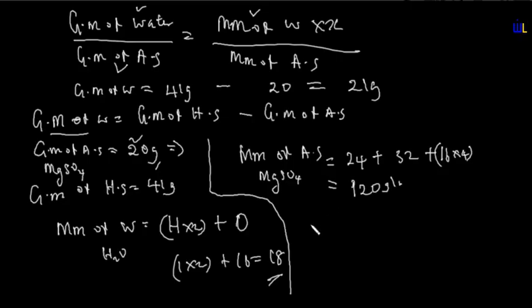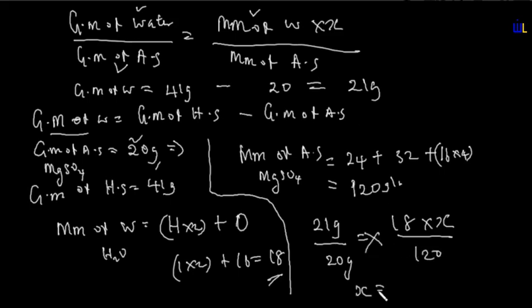So the given mass of water, as we found, will be 21 grams divided by the given mass of anhydrous salt, which is 20, equals the molar mass of water, 18, times X, divided by the molar mass of anhydrous salt, 120. Cross multiplying, X is going to be equal to 120 times 21 divided by 20 times 18.